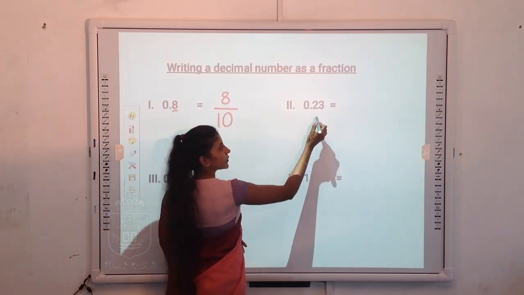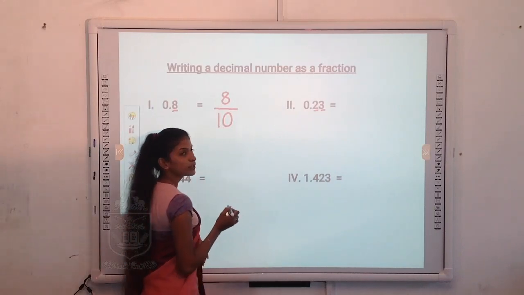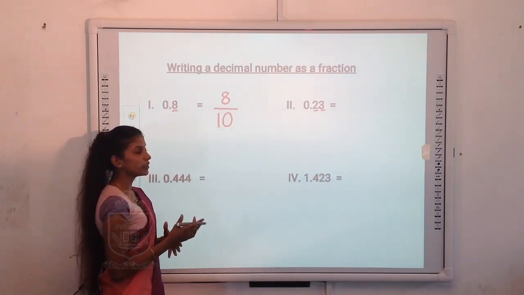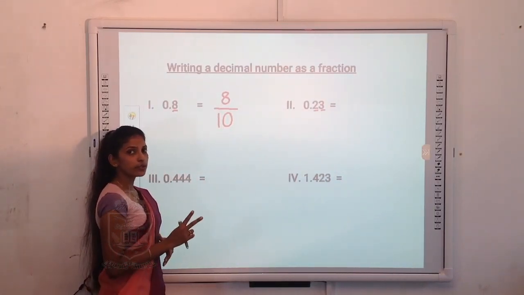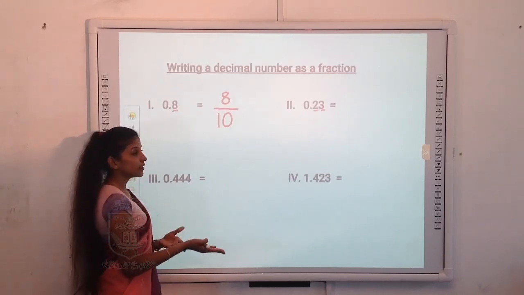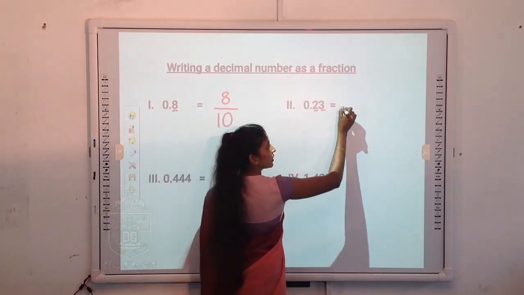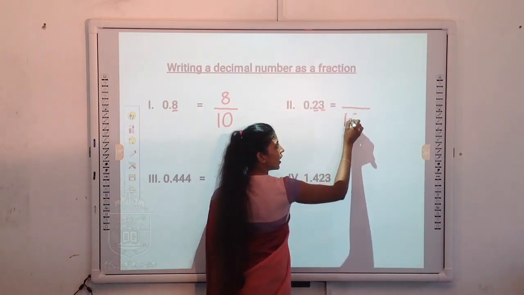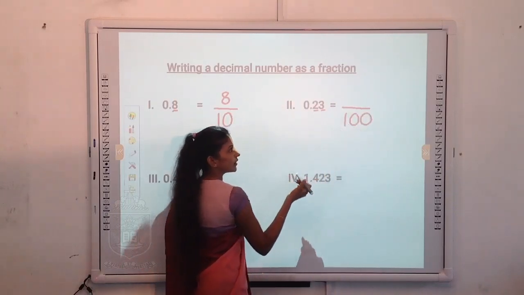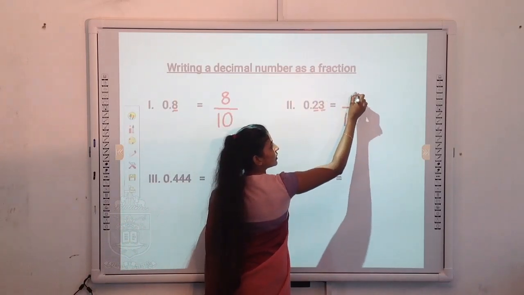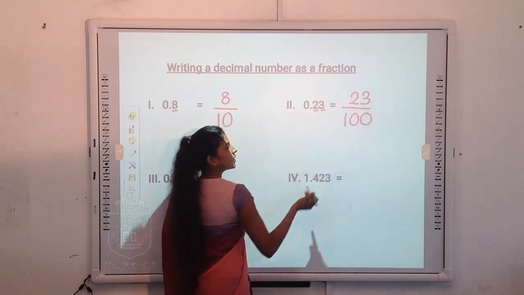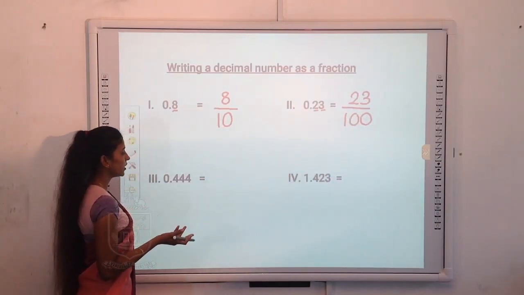Second example, how many decimal places? 2 decimal places. So we know if you are having 2 decimal places, 2 zeros should be there in the denominator. So 2 zeros means 100, and then you can write the number as 23 in the numerator.